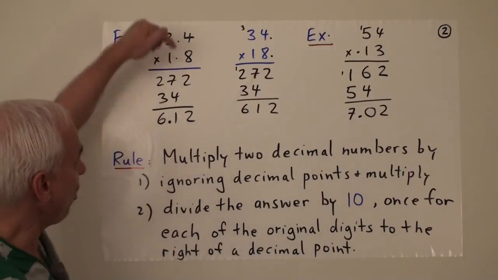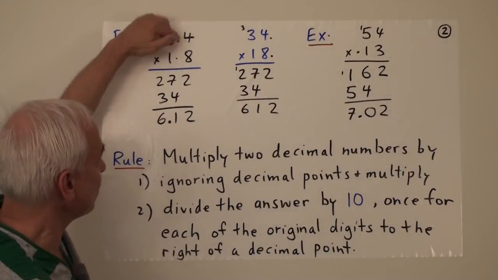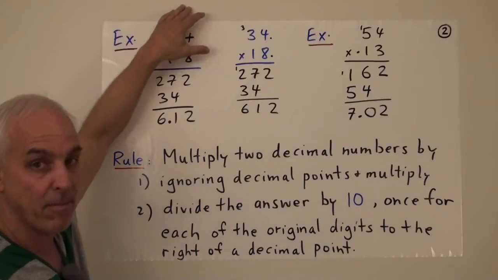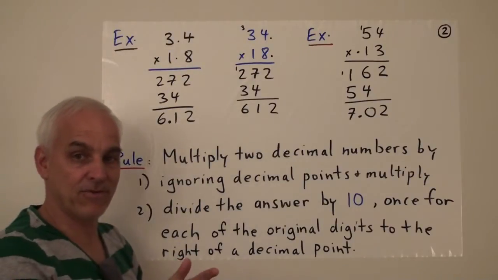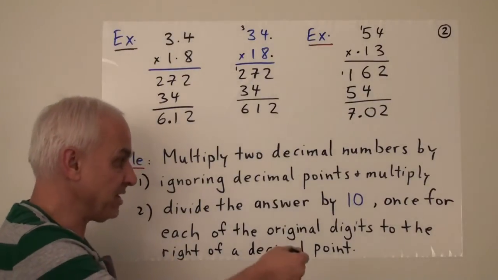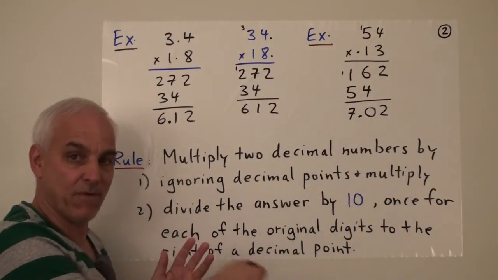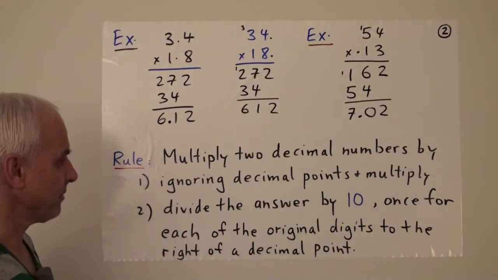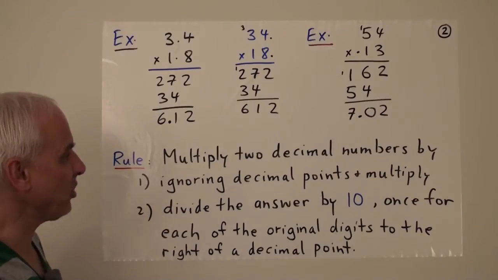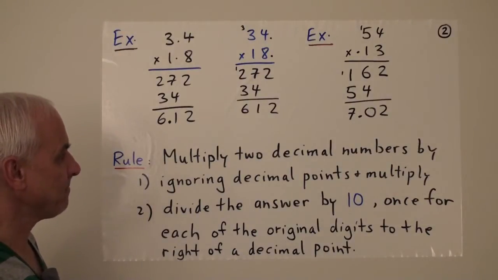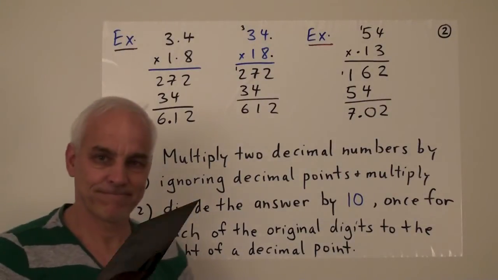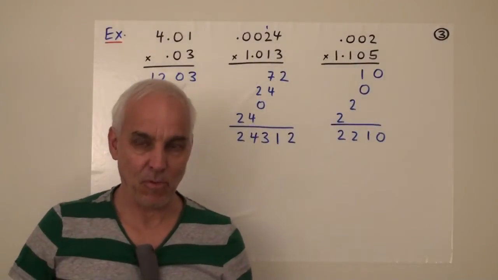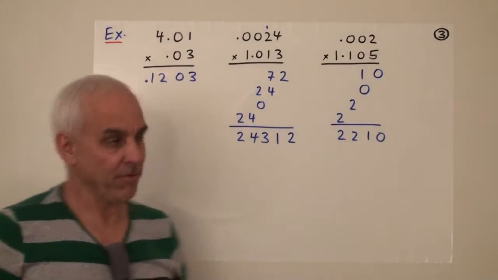So we look at all the digits which are to the right of the decimal points in both of the numbers, add up how many of those digits there are, and then we have to divide the answer by 10 for each one of those. That's a general procedure that you can use. So let me illustrate this important idea with some more examples.